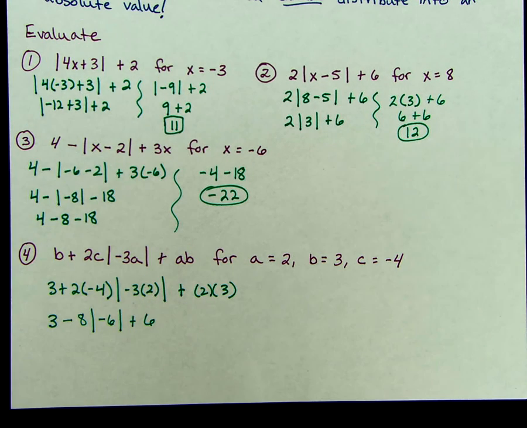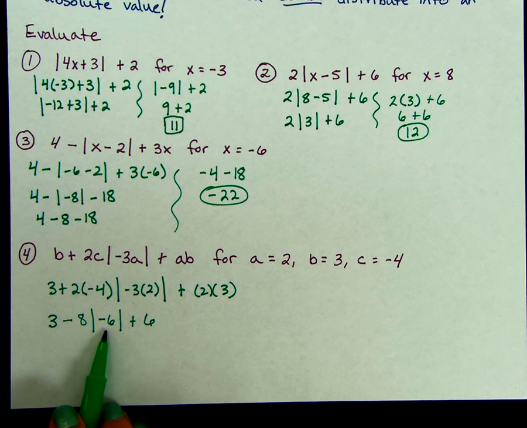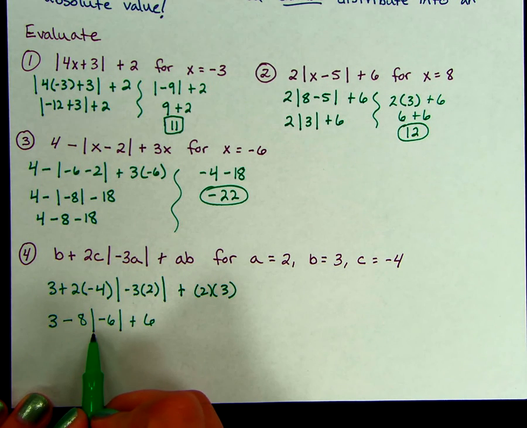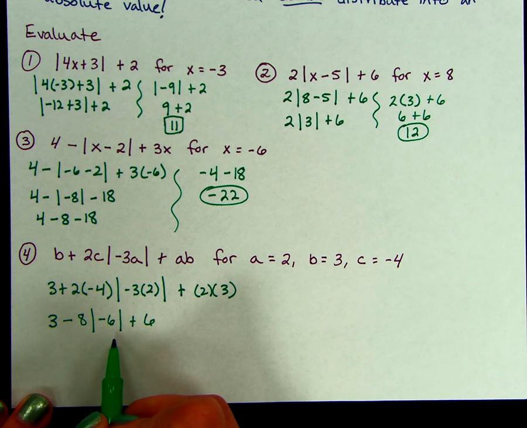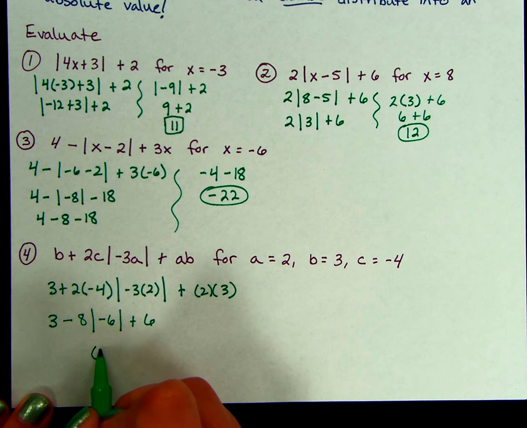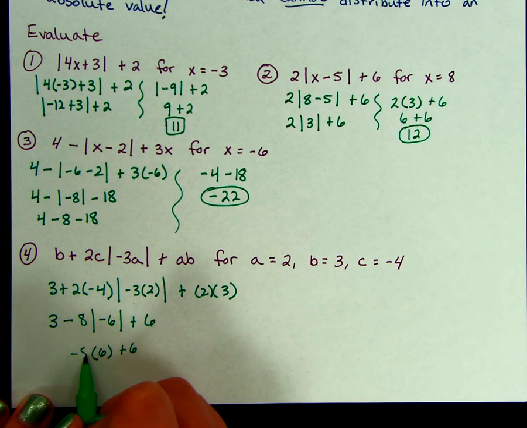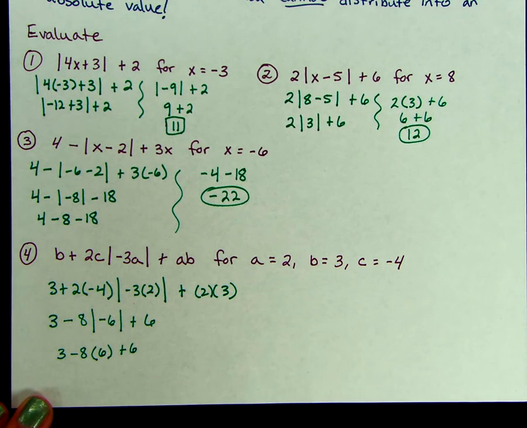So next thing we have to take care of is the absolute value. So how many units is -6 away from 0? And that answer is 6. So now we're changing the absolute value sign to parentheses. So that indicates that we've already taken the absolute value and we don't want to do that again. Okay, so here's our new one. So now we have to multiply those together.